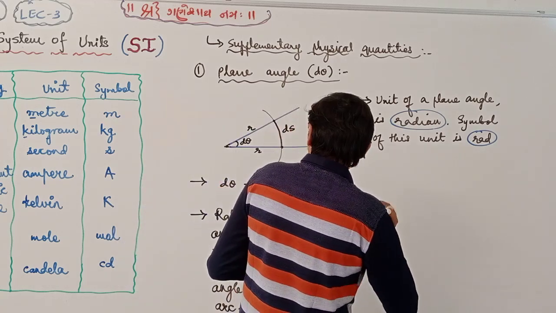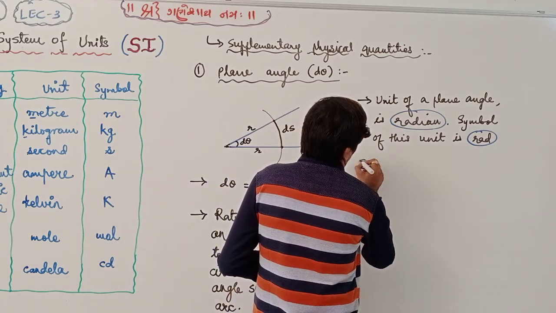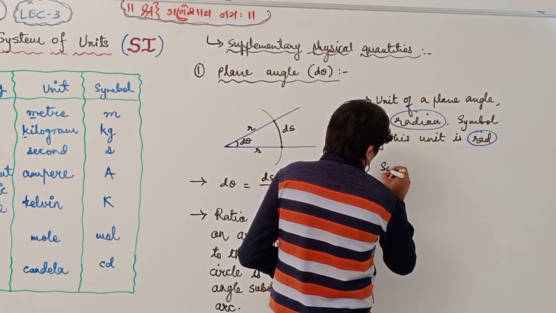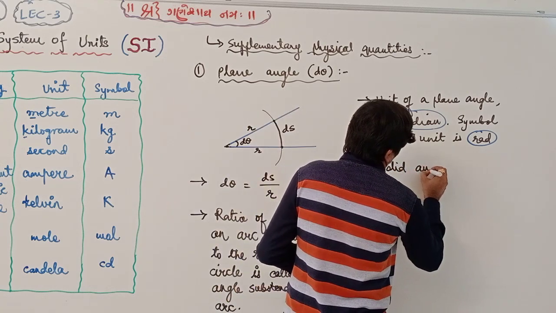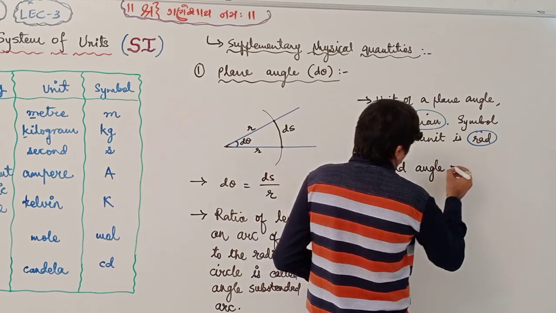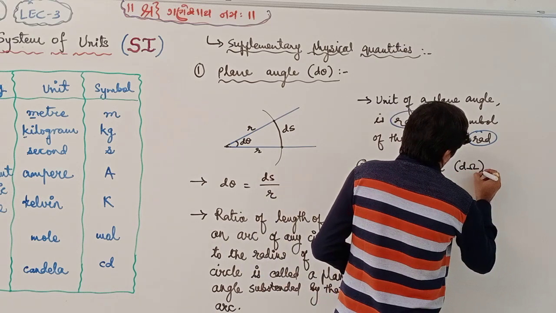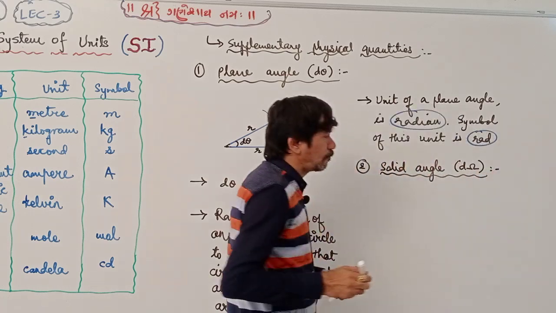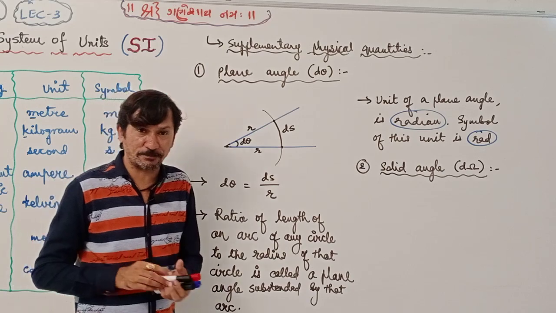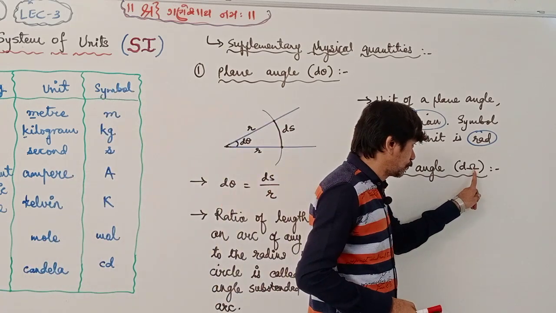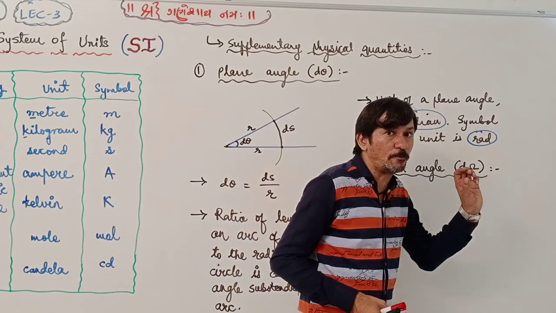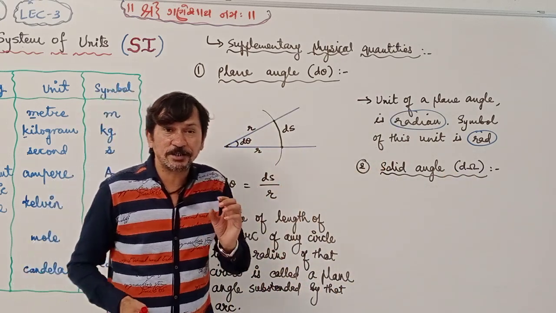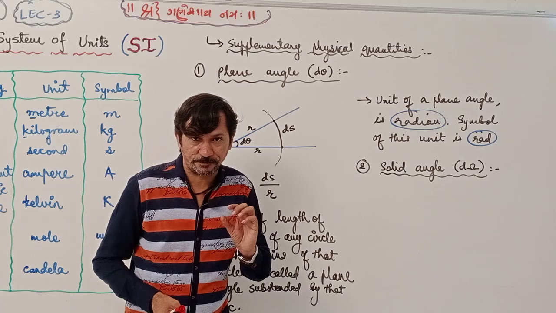Here is supplementary physical quantity number 2, and that is solid angle. Its symbol is d omega. You know this sign as ohm, George Simon Ohm, as a unit of resistance.